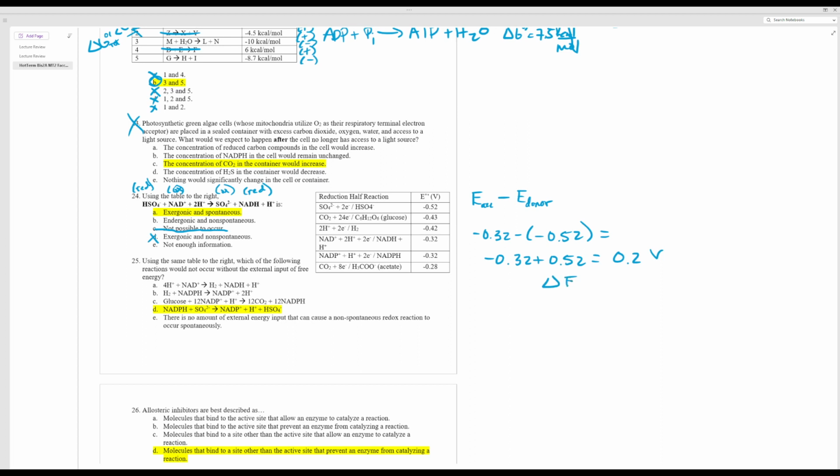So my delta E is equal to 0.2 volts, which is greater than 0, which means my delta E is positive, which means my delta G should be negative. My delta G is negative, that means it's exergonic and spontaneous.